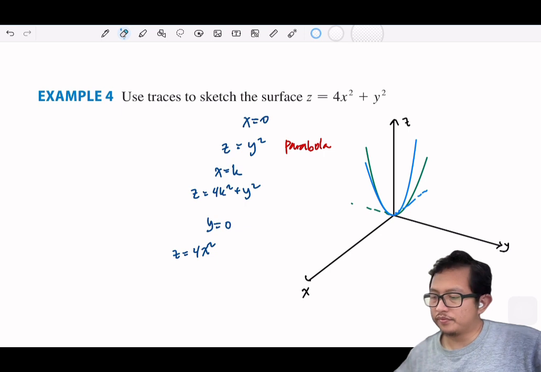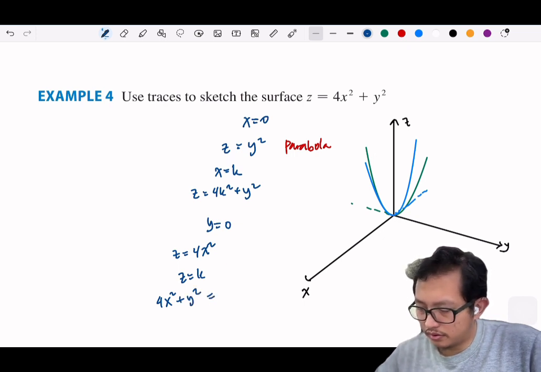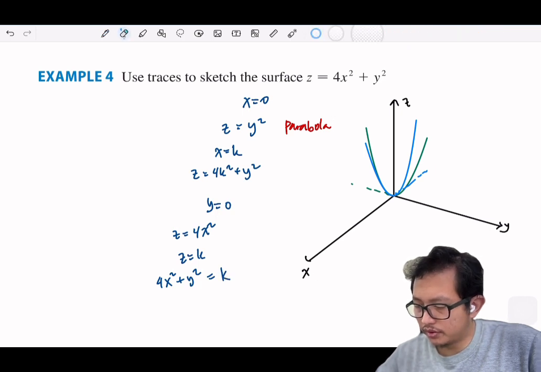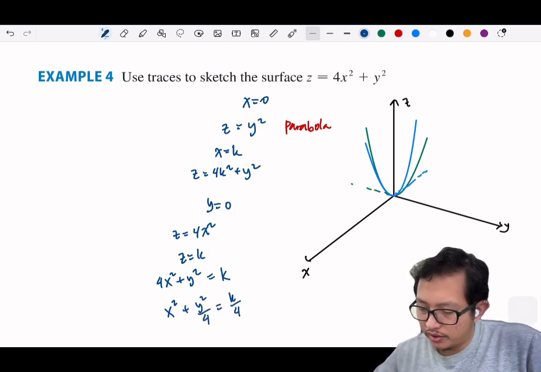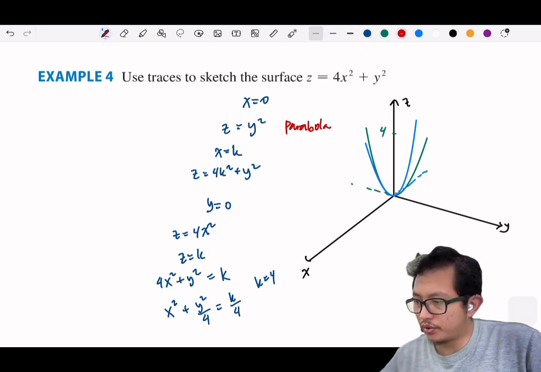Then if we take z equal 0, or maybe z equal constant at a certain point, this can be understood as an ellipse. So if k is 4, then this will be an ellipse. Let's say this is 4. So when it is 4, then we have an ellipse here.